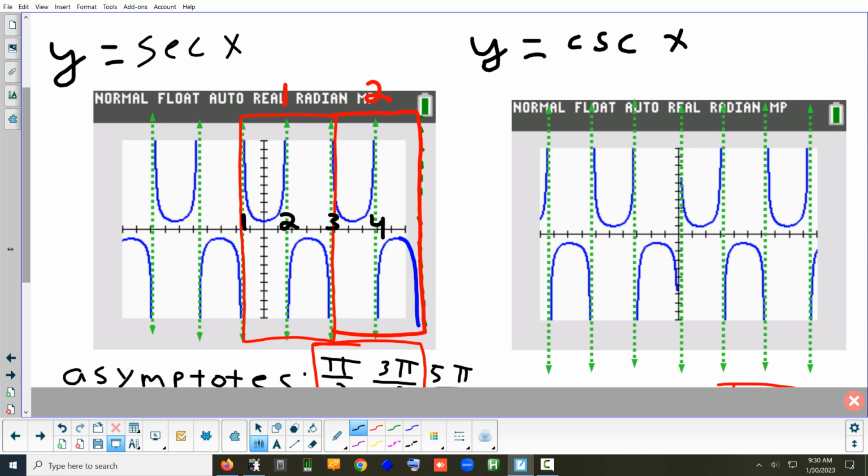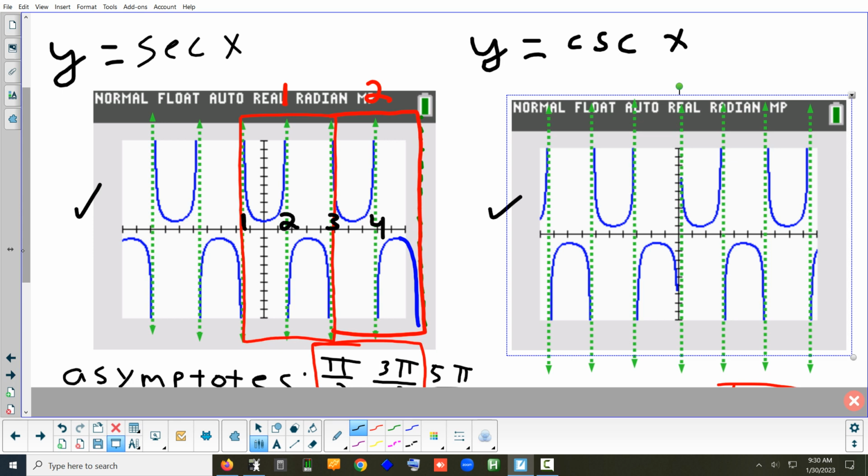How could you turn this one into that one? Look at what you could do with the one on the left, and it would become the one on the right. The cosecant starts right next to 0, and the secant flips 0. So yeah, the secant goes right through the axis, the cosecant doesn't. Cosecant never touches the axis.